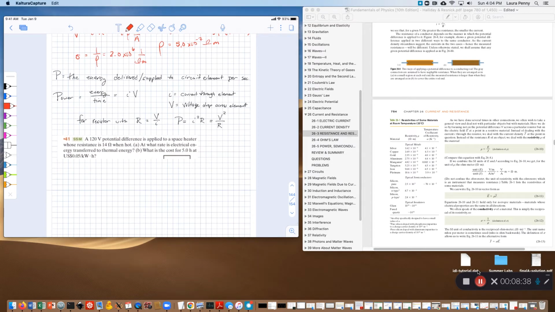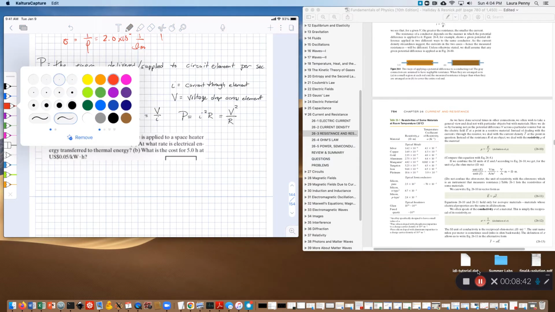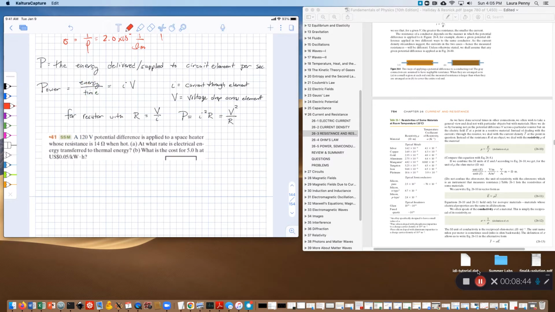Another thing we should talk about is the power that's delivered to a circuit element per second. So our unit of time. So the power that any particular circuit element receives, which is the energy per time, is the current that goes through it times the voltage drop across it.